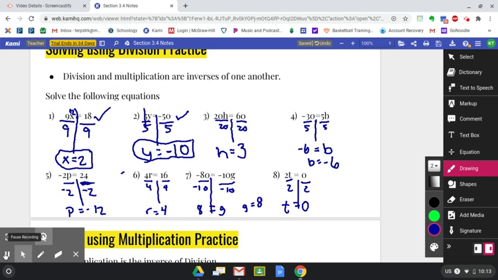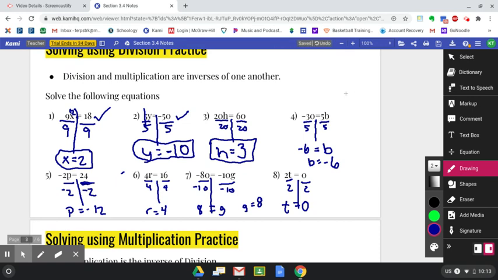All right, let's see how you did here. In number 3, you should have gotten h equals 3, right? And if you plug that in, 20 times 3 equals 60. Yep, that one checks out. Okay, number 4, the variable was on the right side.